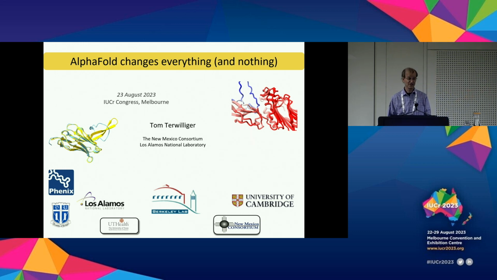So AlphaFold changes everything, right? So now, raise your hand again if your experimental data told you something that that AlphaFold model could not tell you. Thank you. Proof number 2. Okay, so the experiment remains crucial.